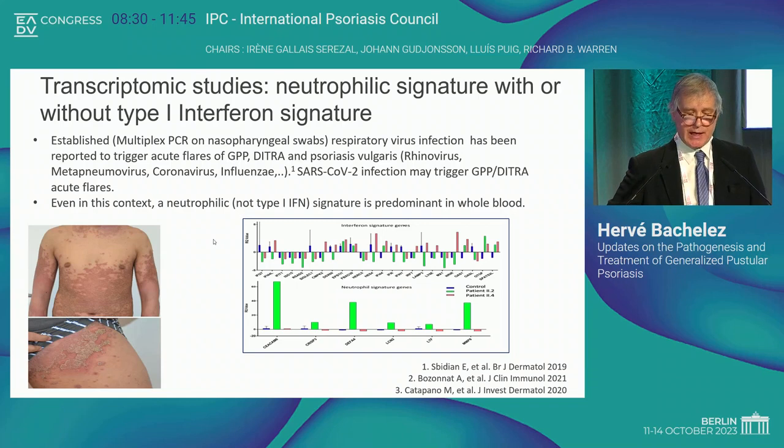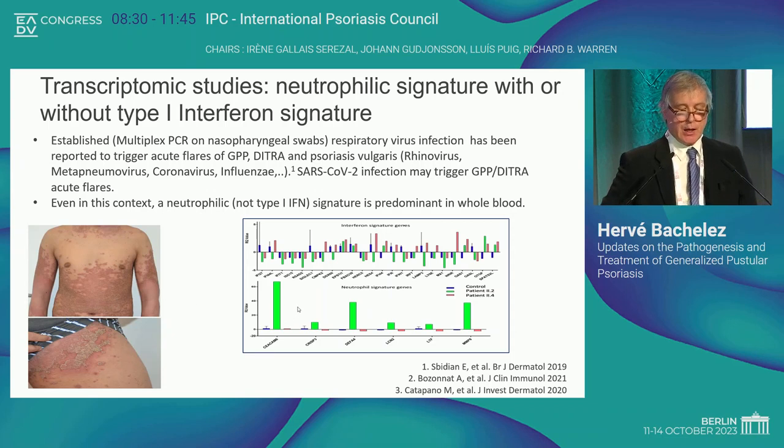And even in this context, what has been found in some patients by other groups, Francesca Capon and also Johann Gudjonsson, meaning a type 1 interferon signature, at least in the blood, was not seen, although it was very soon after a viral trigger. And you can see there is a strong neutrophilic signature, which is expected to be the major signature, and this is again in the blood by NanoString analysis, and the interferon score is in the normal range.